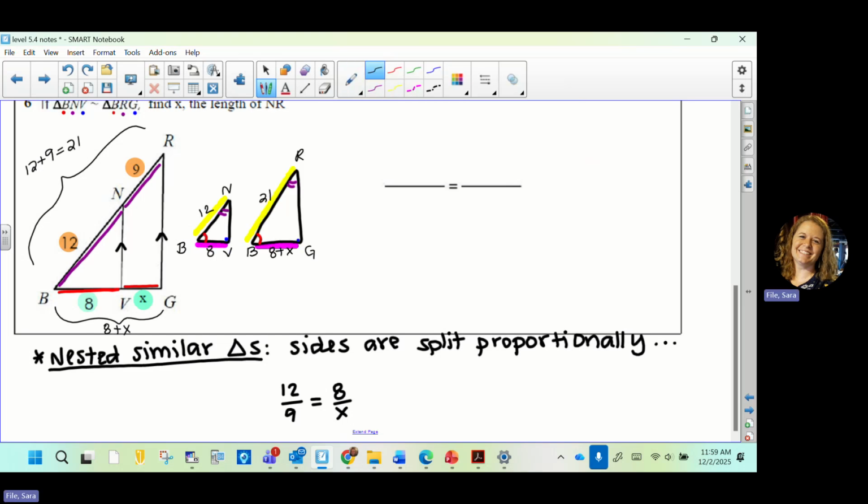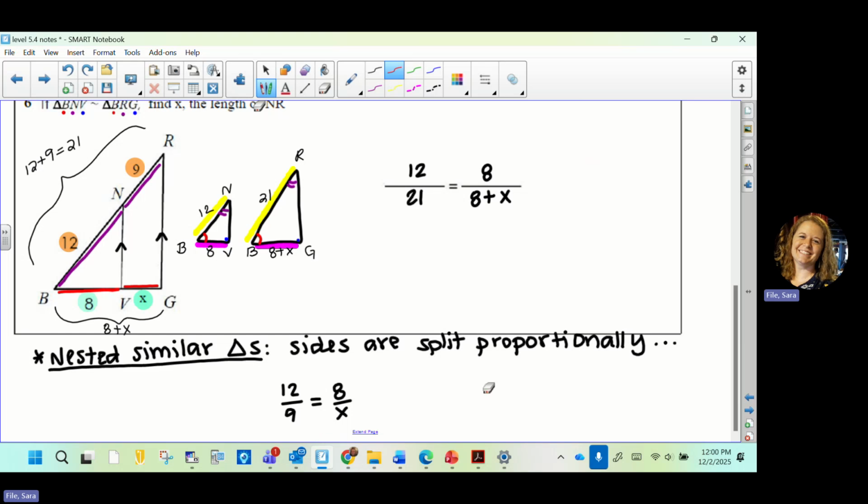So when I set up my proportion, I could say 12 is to 21 as 8 is to 8 plus x. And then I could cross multiply and solve algebraically, or I could type this in Desmos and have it give me the solution for x. Okay, and I'm going to show you either one of these, you're going to get the same solution, whether you set it up side by side triangles like this, or if you do the pieces proportionally split.